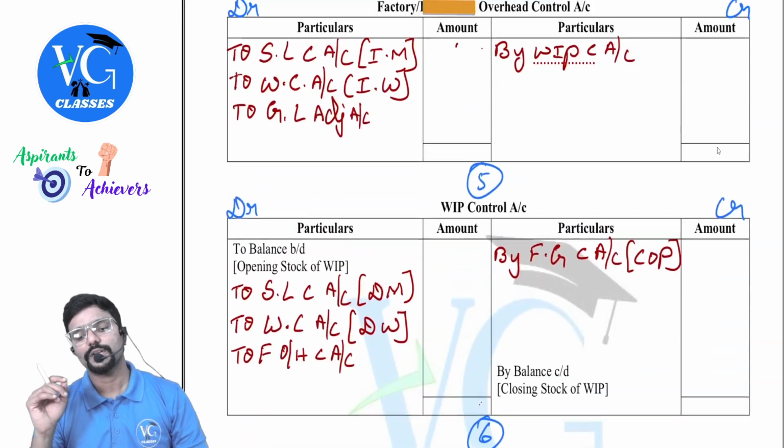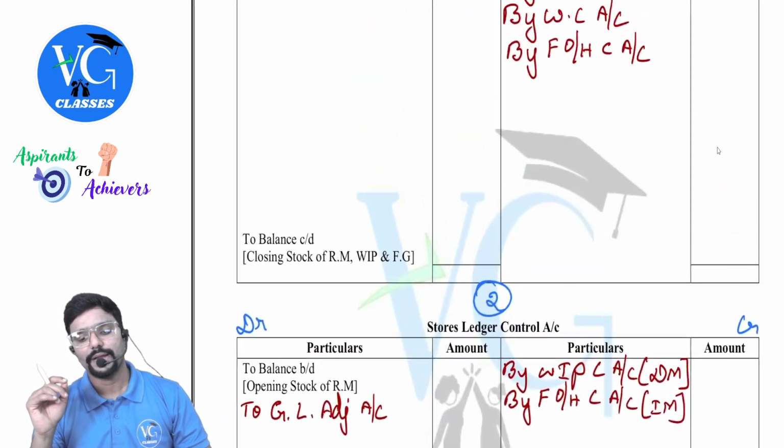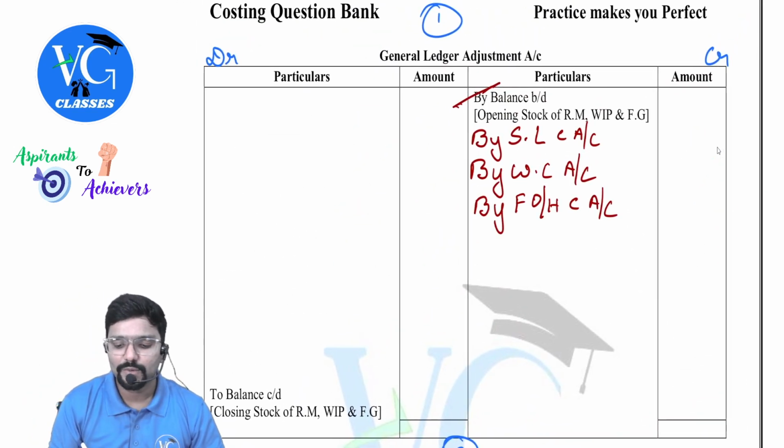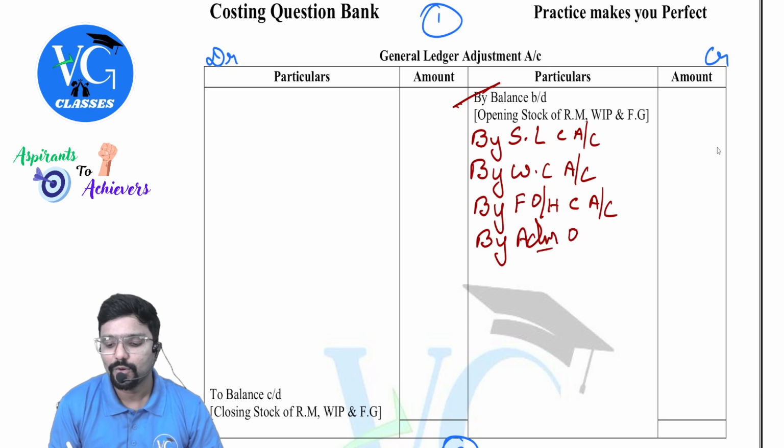Or go to general ledger, by administrative overhead control account.